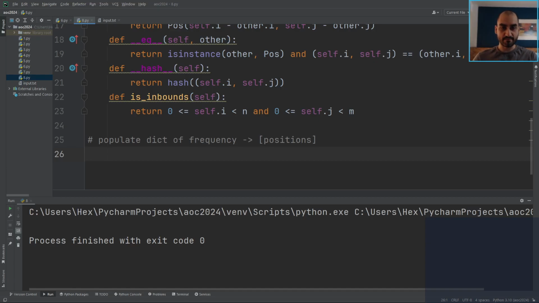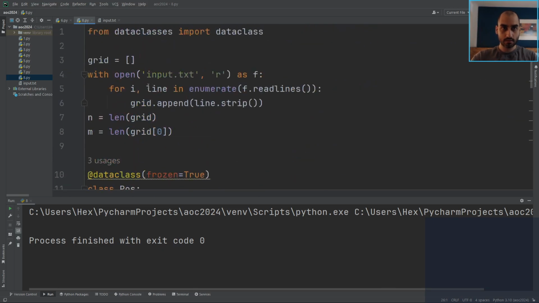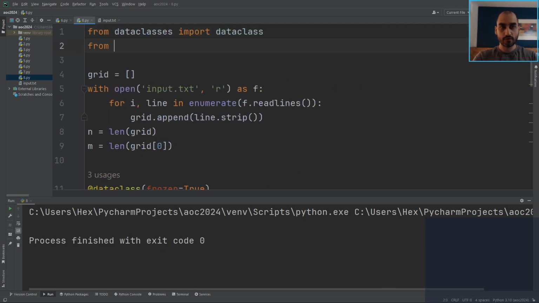We're just gonna make a map of a given frequency, to get the positions where antennas are located. So just say, from, let's use a default dict.